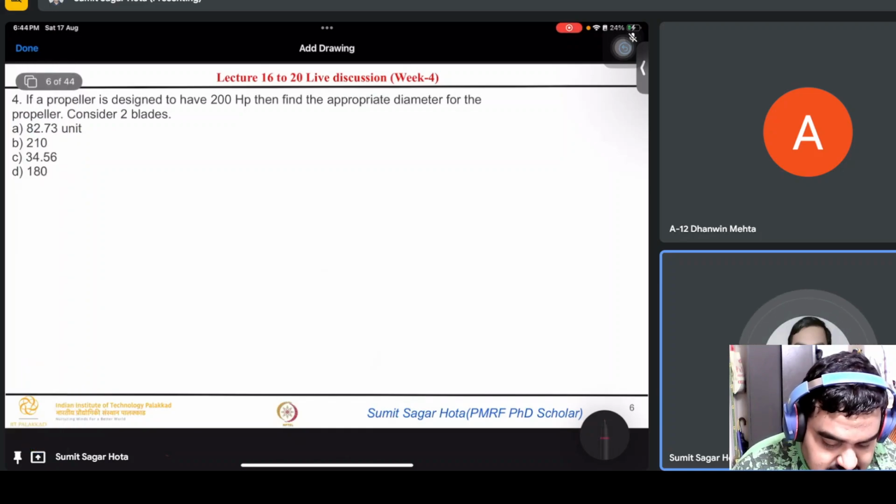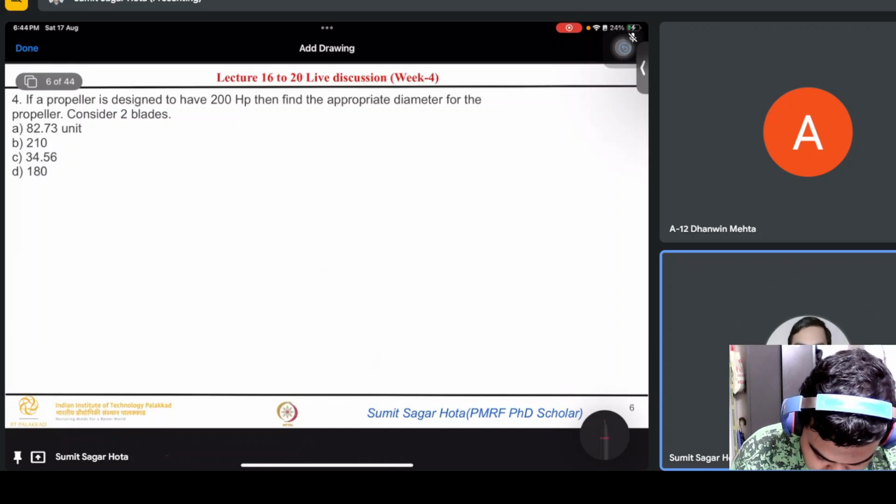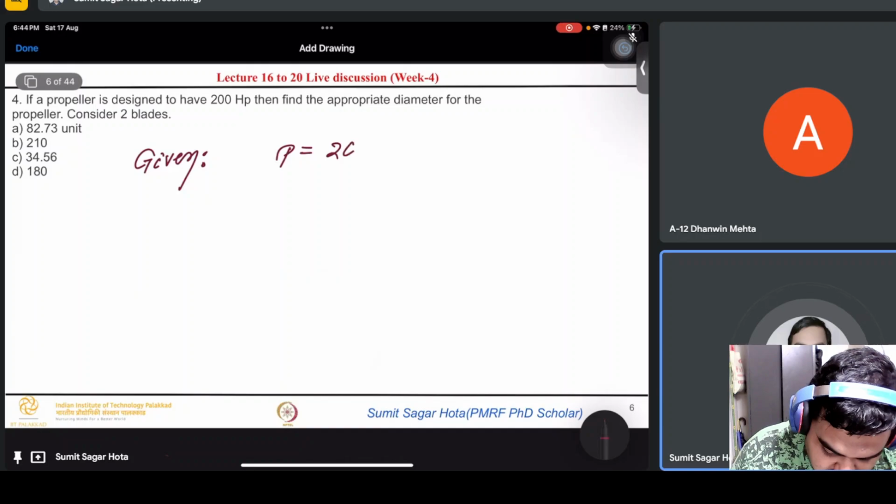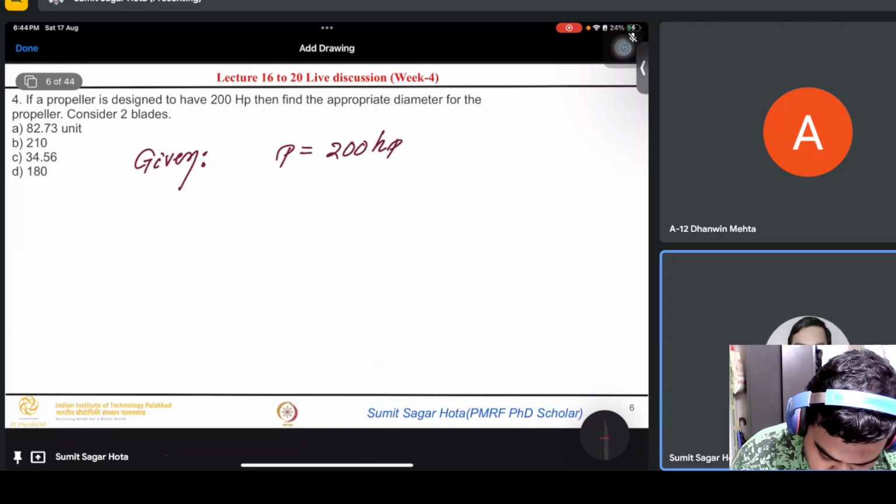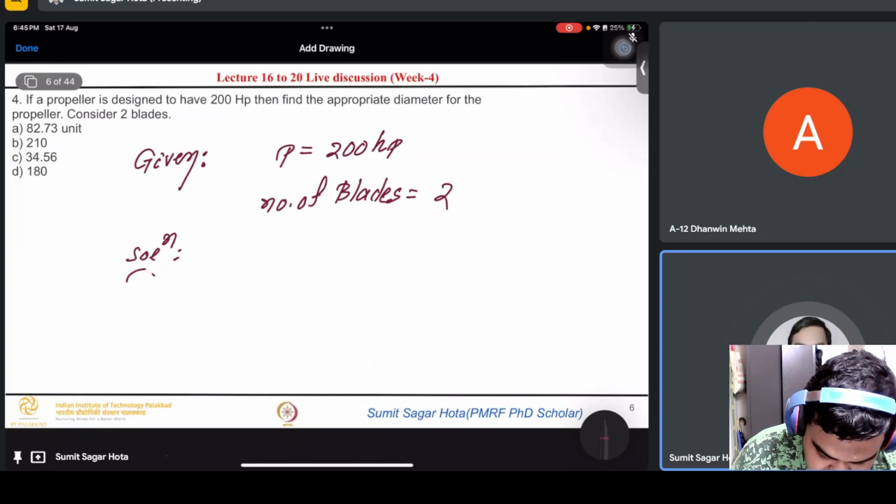If a propeller is designed to have 200 horsepower, find the appropriate diameter for the propeller, considering two blades. So we need 200 horsepower, and the number of blades is equal to 2. Let's go for the solution.